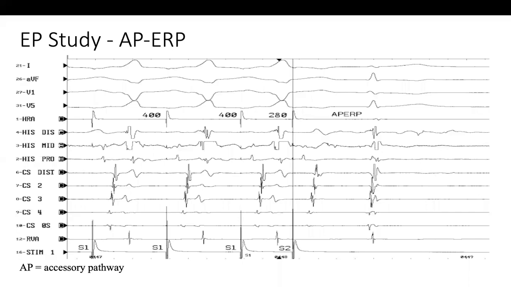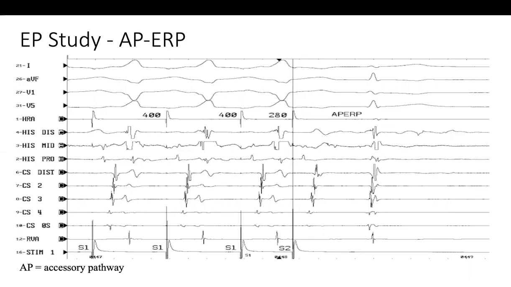So we should be able to block in one and conduct in the other, especially if the effective refractory period of the accessory pathway is longer than that of the AV node, so that the AV node will conduct at a faster rate than the accessory pathway.